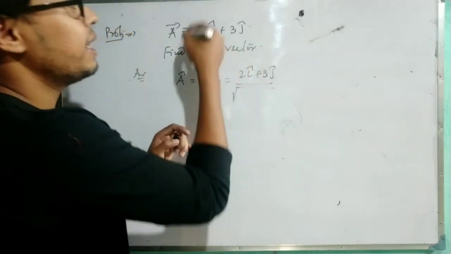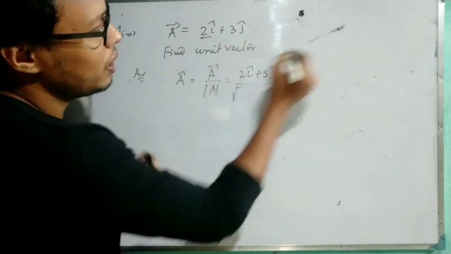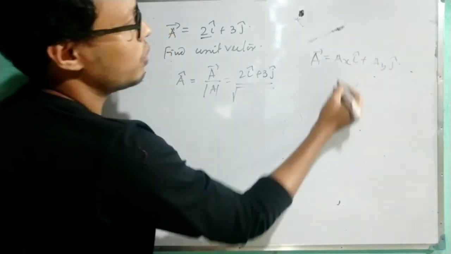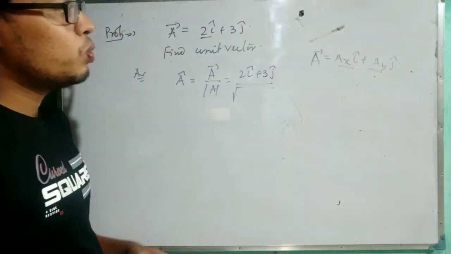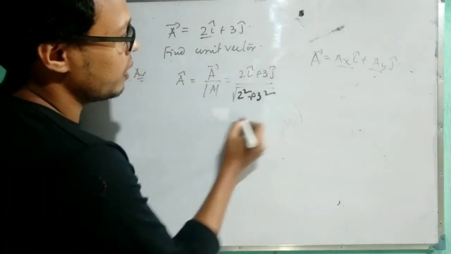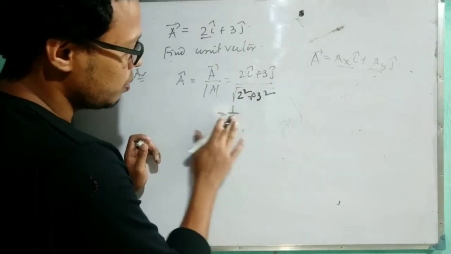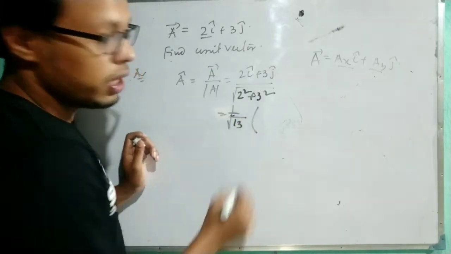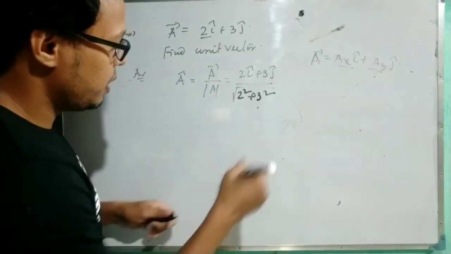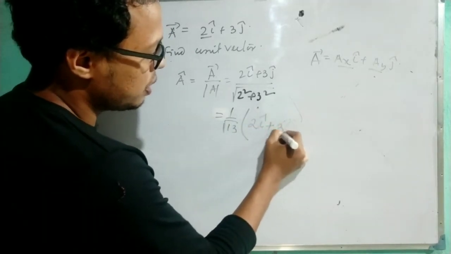Mod a means root over ax square plus ay square. Here ax means 2, because the a vector is represented by ax i cap plus ay j cap. So it will come 2 square plus 3 square, which is 4 plus 9, so root 13. So the unit vector is 1 by root 13 into 2i plus 3j.